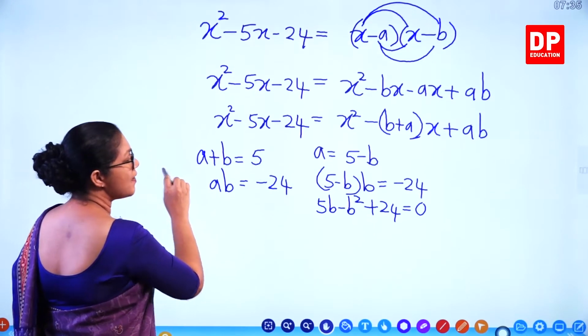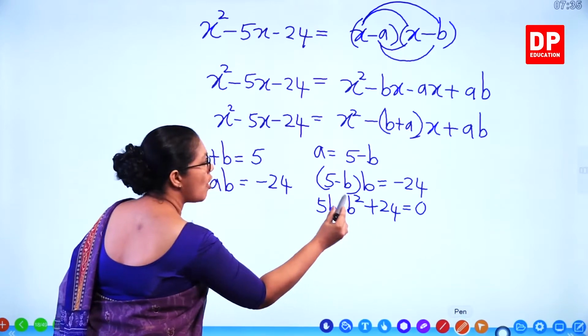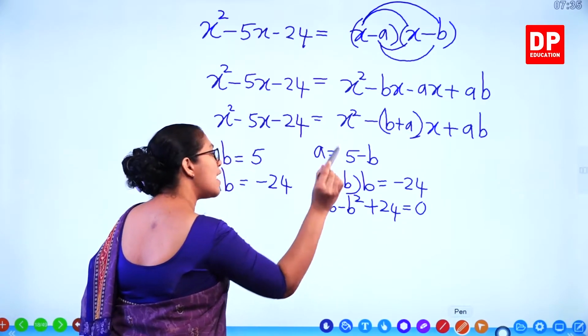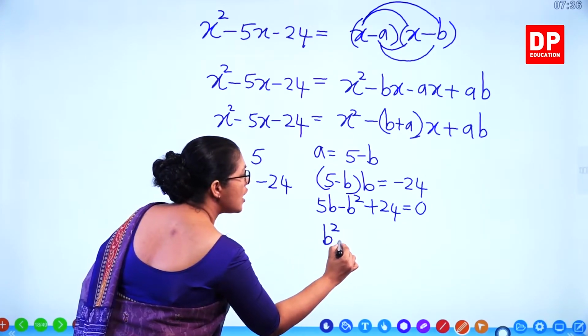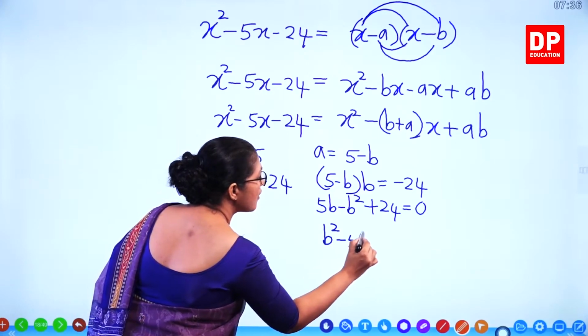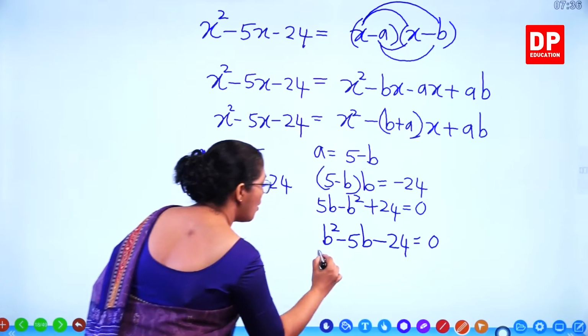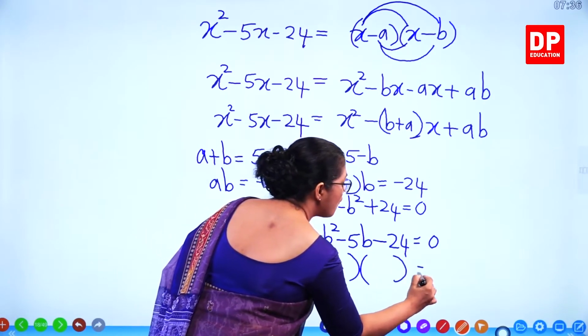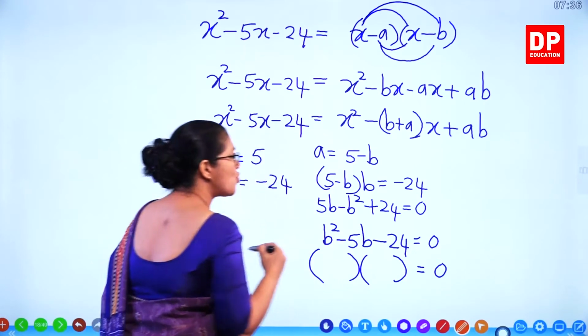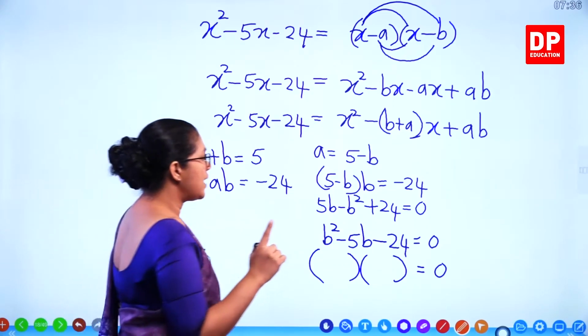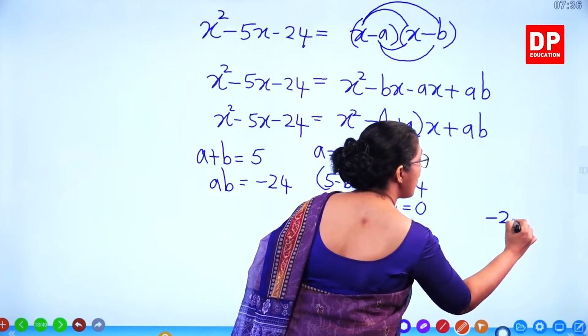Now, this is another quadratic equation. Solve it. I'll take all terms to the other side. Sign changes. b squared minus 5b minus 24 equals 0. What are the factors of minus 24 to get minus 5?